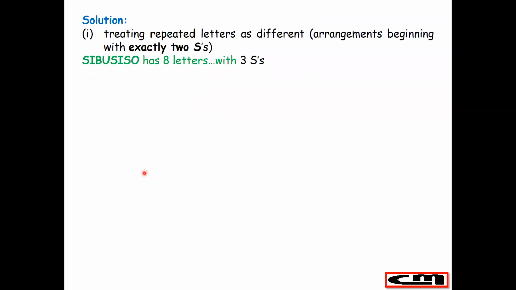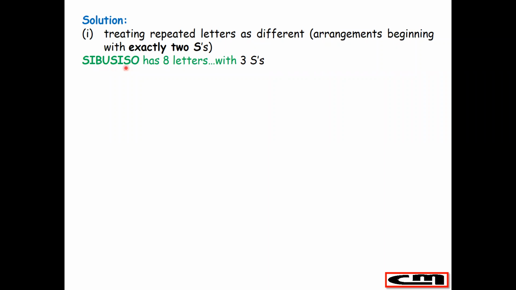Okay, let us now attend to Roman figure 1, treating repeated letters as different arrangements, beginning with exactly 2 S's. Sibusiso has repeated letters S and I, but the fact that we are told to treat them as different, it's like in the word Sibusiso there are no repeating letters.